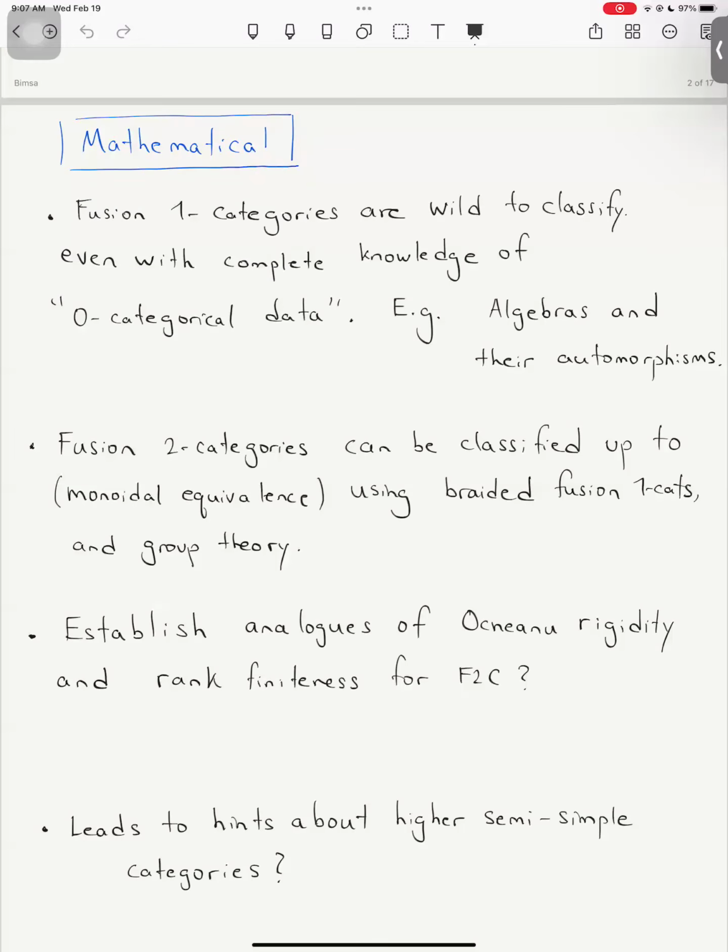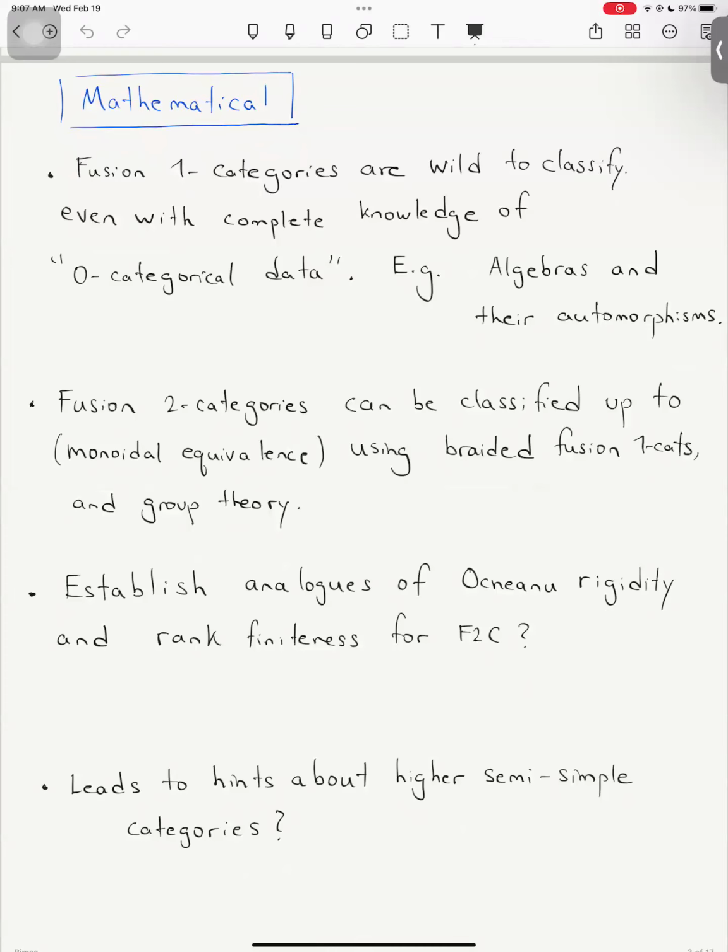Now, if you're a mathematician, our classification also has some interesting results. I want to start with the biggest punchline that we have in this whole program, which is about fusion 1-categories. Let's say you want to classify fusion 1-categories given some knowledge of 0-categorical data.